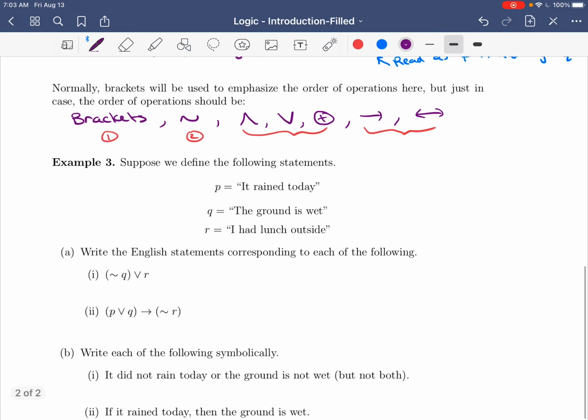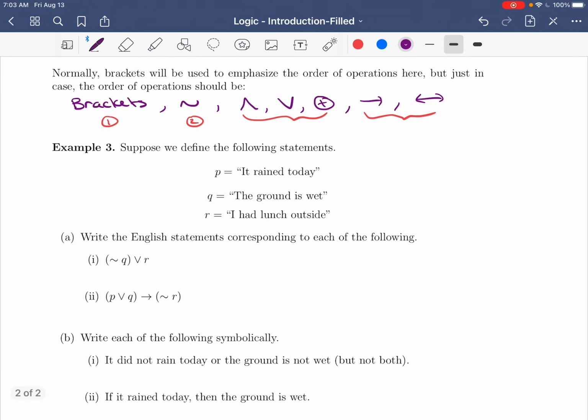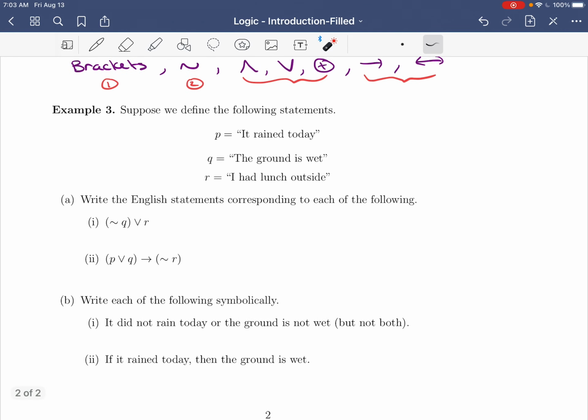So let's do an example. So suppose we have these statements. So P is a statement, it rained today. Q is a statement, the ground is wet. And R is a statement, I had lunch outside. So let's write these in English. Okay, so using these statements here.